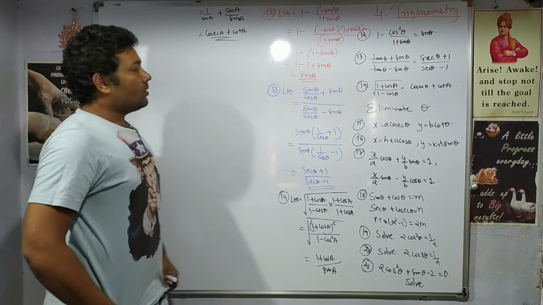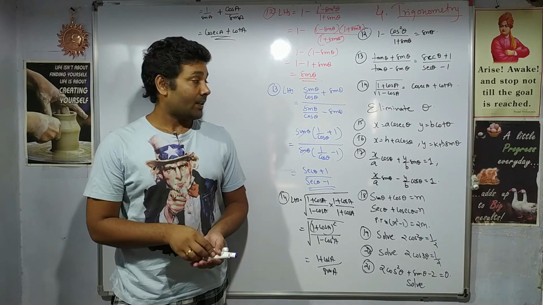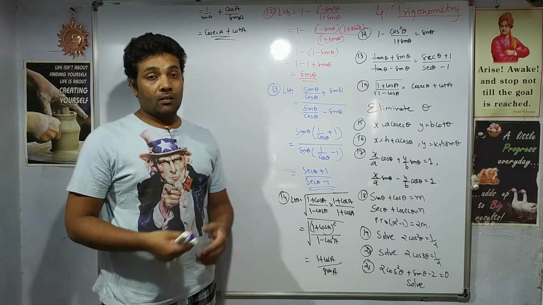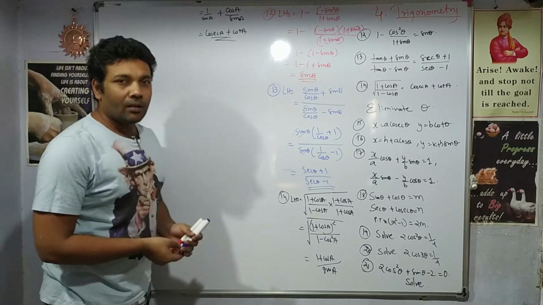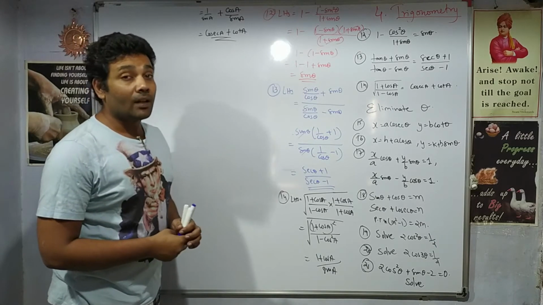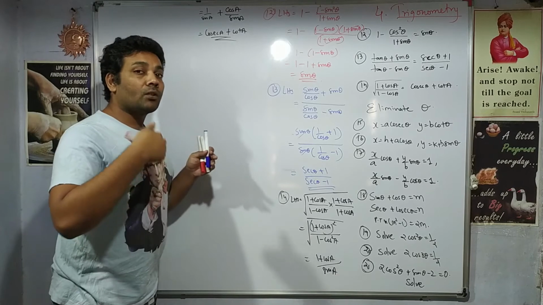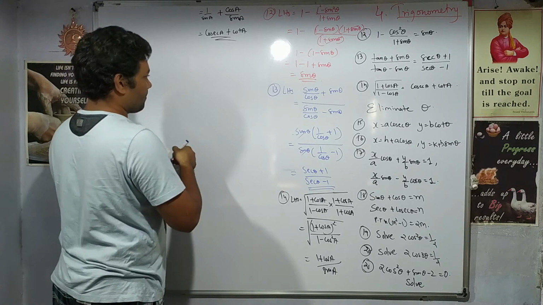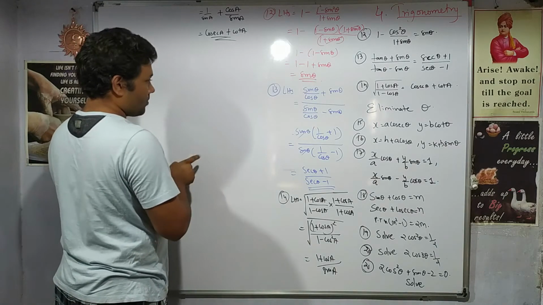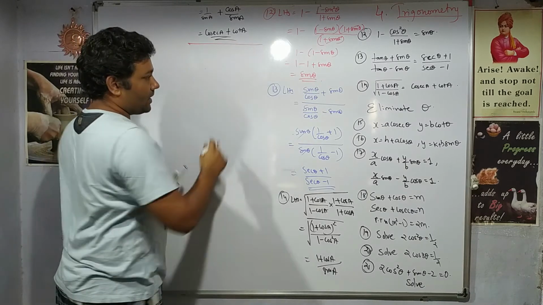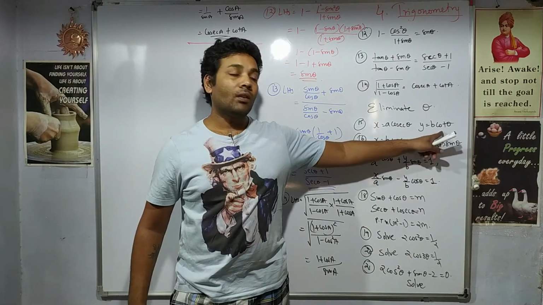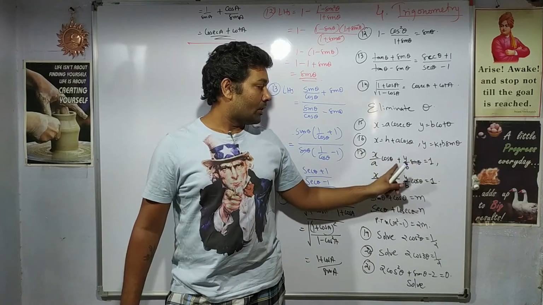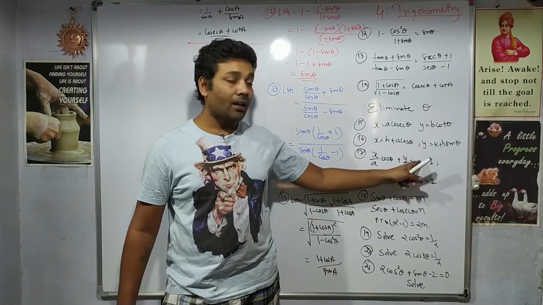So that is about the prove that type of questions. Next we move on to a different type of question, that is eliminate theta. These are again some typical questions which need much more detailed or in-depth application of the concept. Let us see what this eliminate theta means. Eliminate theta means there are two equations given which have theta in them. Here also see, two equations having theta.